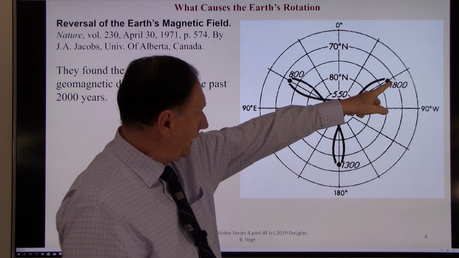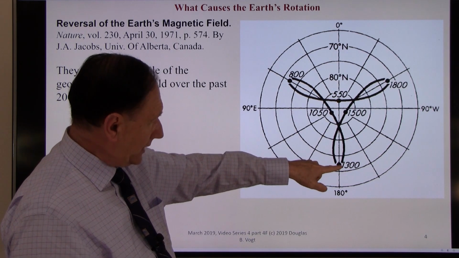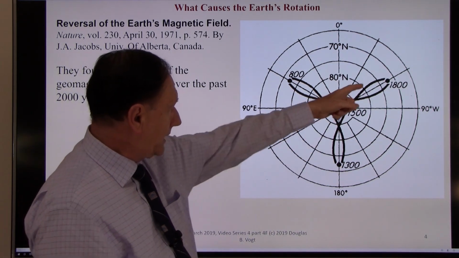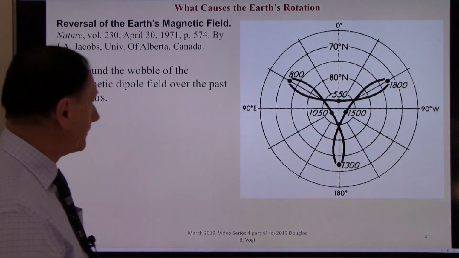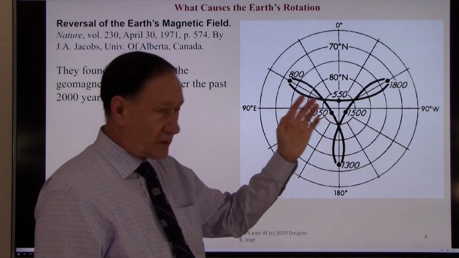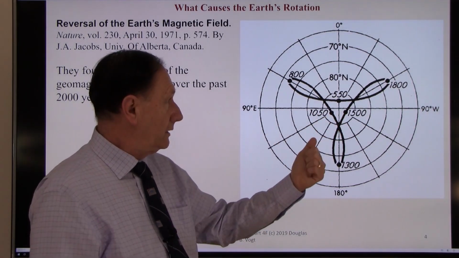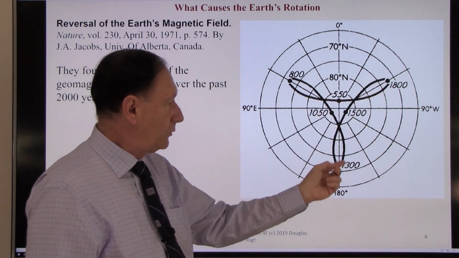Here's the Canadian one, and here's someplace over China, the Vladivostok area. And this is the path it takes, pretty organized, every 120 degrees. But this doesn't affect the axis of the Earth. It's just that something's going on in the center of the Earth so that the magnetic pole is moving around like this.